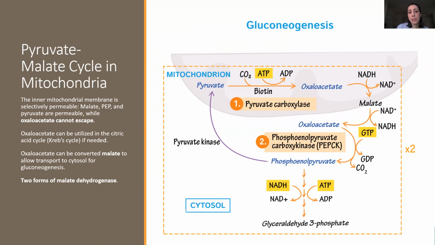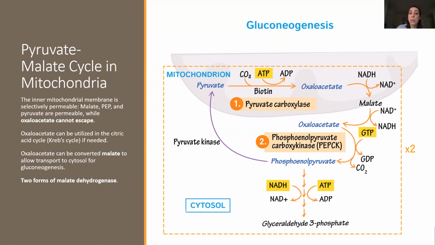Now, the mitochondria itself is permeable to select molecules. It can let out malate, it can transfer in between malate, phosphoenolpyruvate, or PEP, right? Also pyruvate can go in and out, but oxaloacetate can't escape.